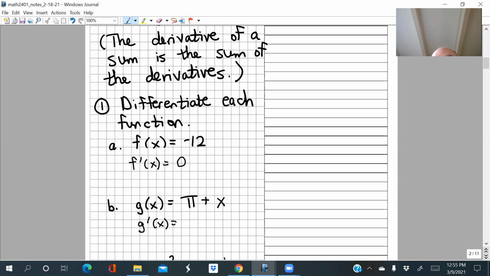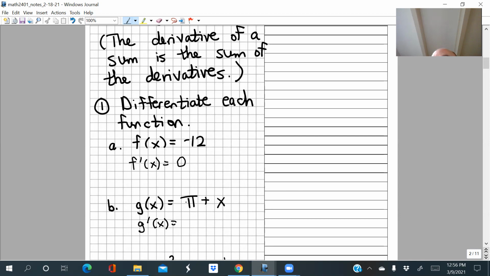So remember, the sum rule is going to be involved here as well. So how do we find the derivative of this? Well, remember, the derivative of a sum is the sum of the derivatives. So you can take the derivative of the pi and the x separately. You just go one term at a time when you're finding the derivative of a sum.